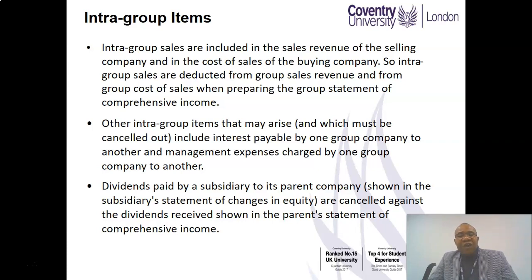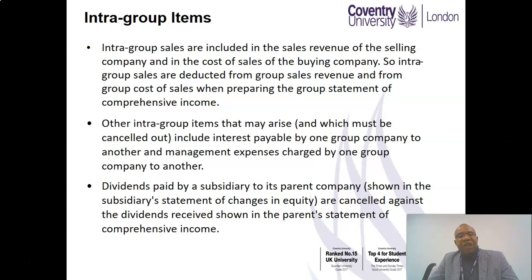Another type of intra-group item that may well arise is interest, where one member loans money to another company in the group. So the company that gave the loan will show receivables in its account, and the company in receipt of the loan will show payable in its accounts. Again, the receivables will cancel out with the payables.